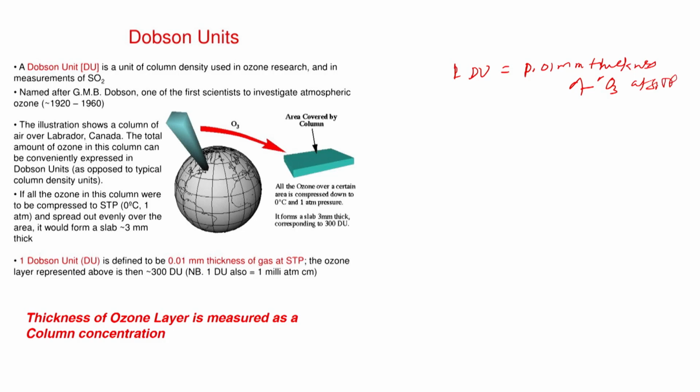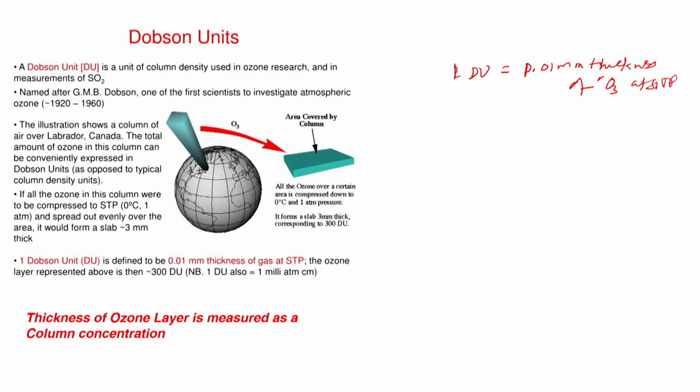This is very important. So if you take all the ozone layer, the vertical column, and compress all the ozone into a slab so that the thickness becomes 0.01 mm, then all these things will be called one Dobson unit.